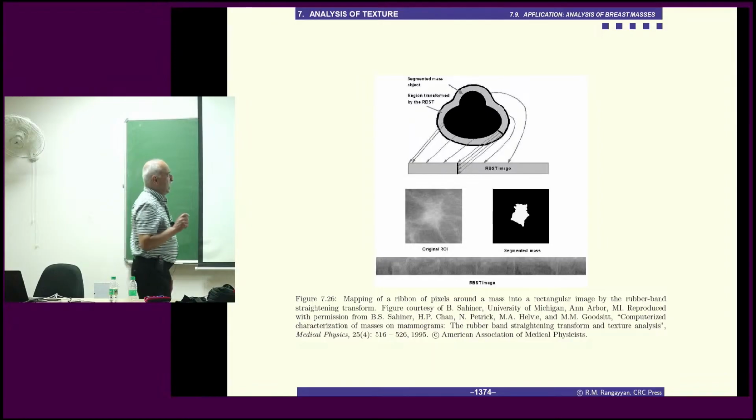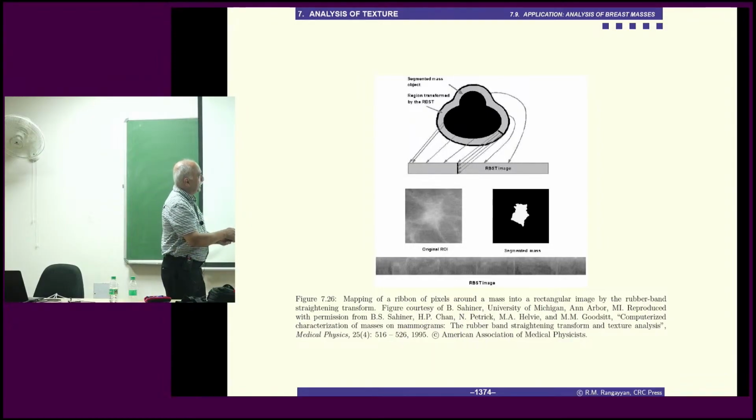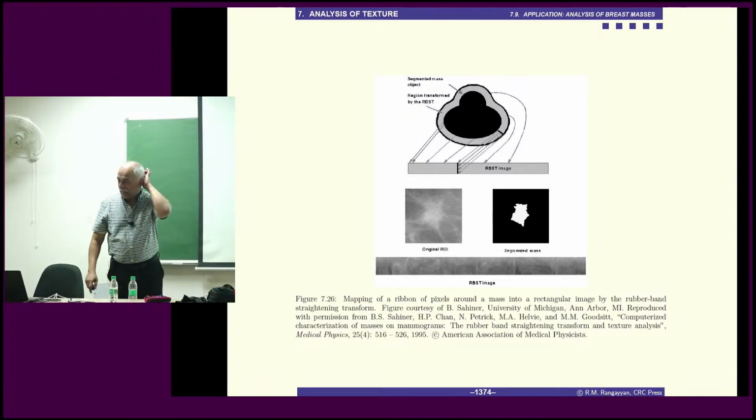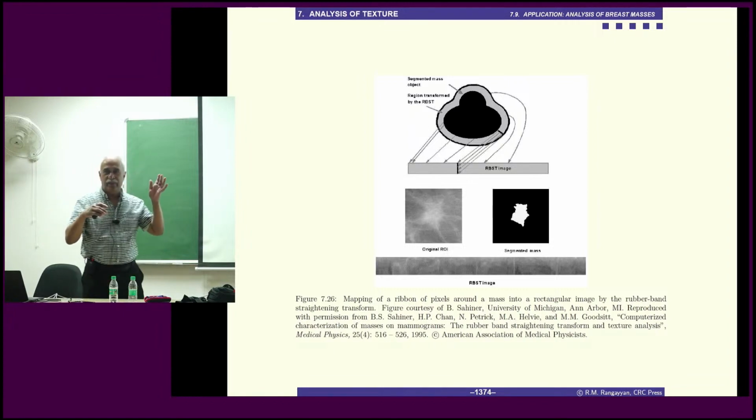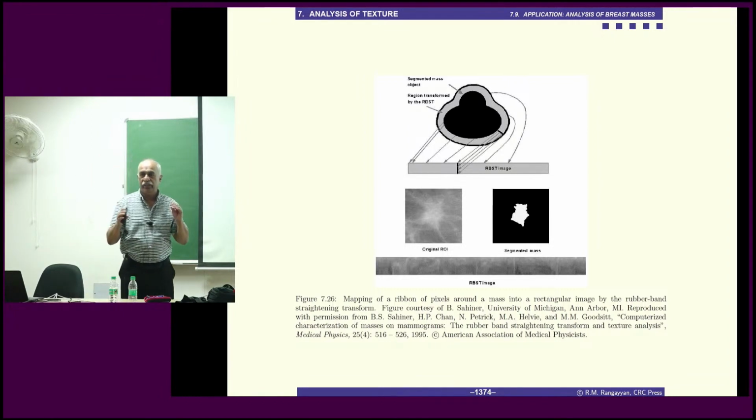The interesting thing that happens here is spicules going like that now are vertical lines. When the angle of this mapping matches a spicule, you get a straight line. So that observation helped us in designing a similar transformation in the detection of architectural distortion that I'll show you later on.